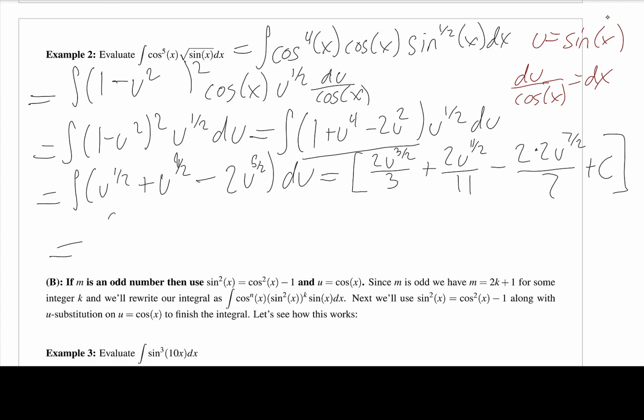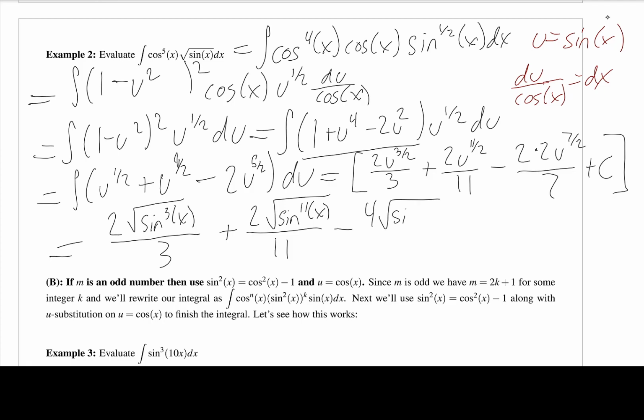So this is going to be 2 square root sine cubed of x over 3 plus 2 square root sine to the 11th of x over 11 minus 4 square root sine to the 7th of x over 7 plus c. And so here is our final answer.